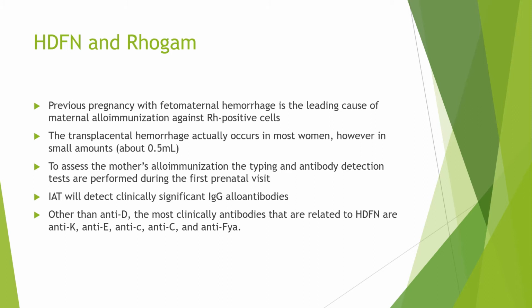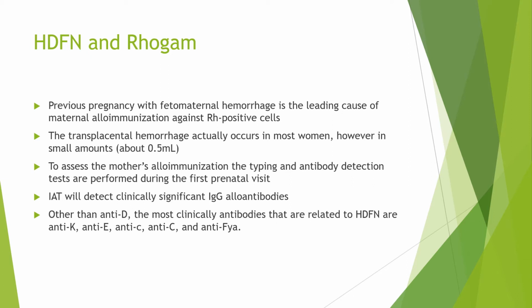So the mom may have had an exposure to RBCs and a possible immunization. During her first doctor's visit, the doctor will do a typing, some ABO tests to assure that everything is okay and to start the Rhogam treatment.